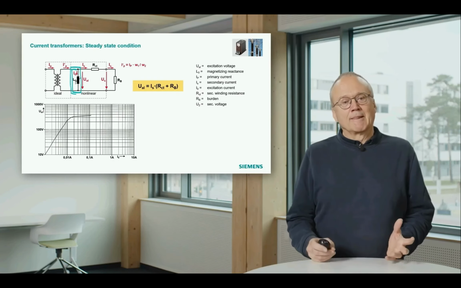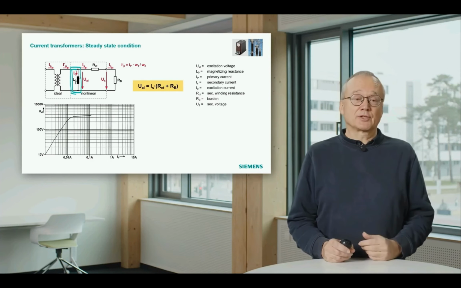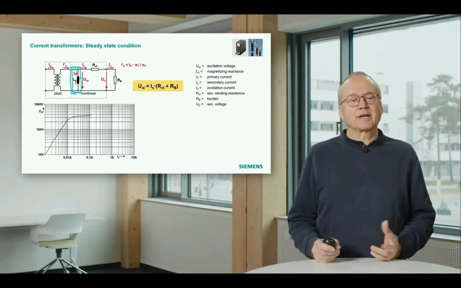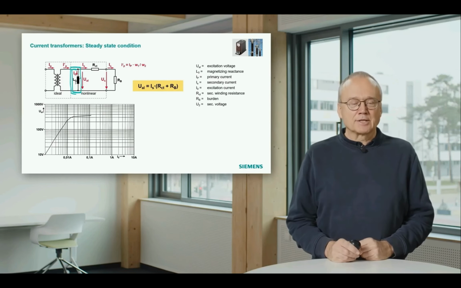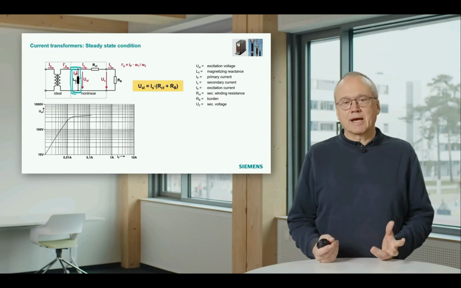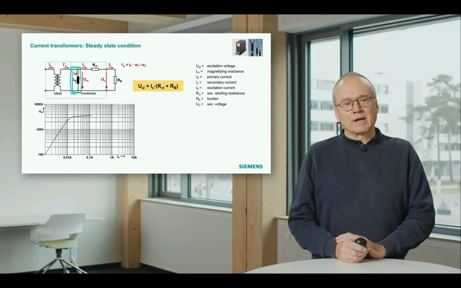Be careful, this is a logarithmic scale on both axes. For voltages up to, let me say, 200 volts, you have a current of around just 10 milliamps. So it's nearly negligible compared to the currents we want to measure.